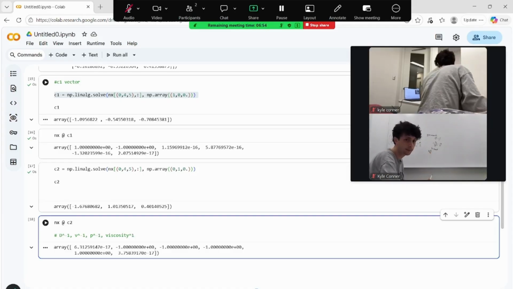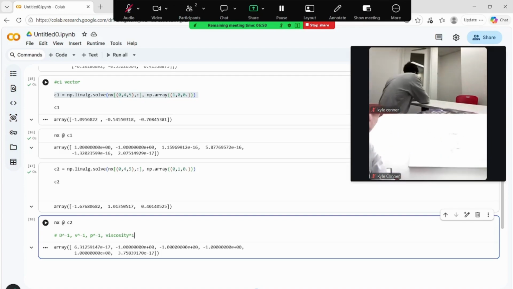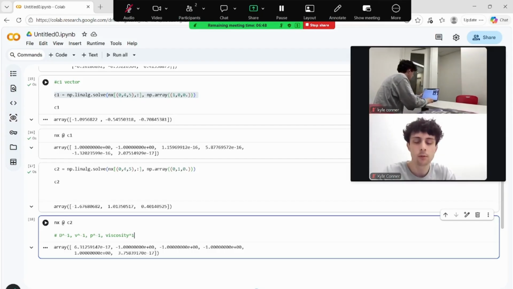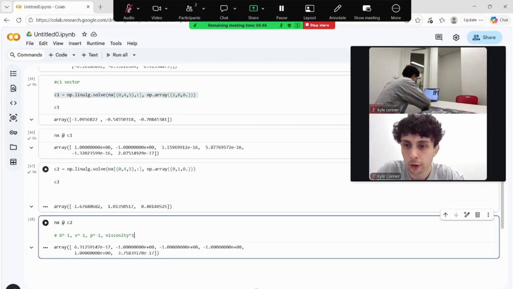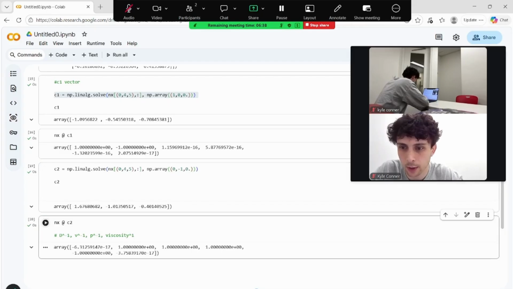So if we were to flip that like so, I'll flip back over. If we were to flip that C2 as a -1, and then we run that, and then run this, same thing, but we get the positive ones, and then we get the -1, or that viscosity on the bottom.